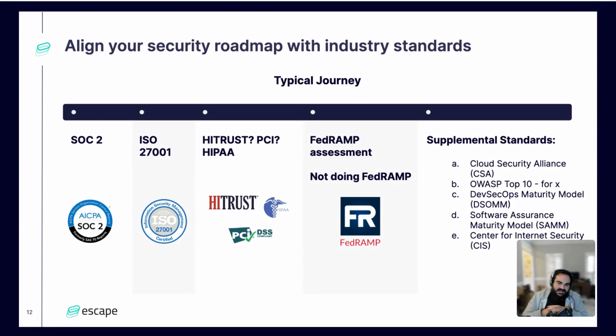And so FedRAMP is like the gold standard because there's no hiding from it. But with that, you have to do a lot of things that don't make sense. You have to treat a CVSS of a high, even if it doesn't apply to your environment at all. There's ways to false positive that stuff, but you have to track it.